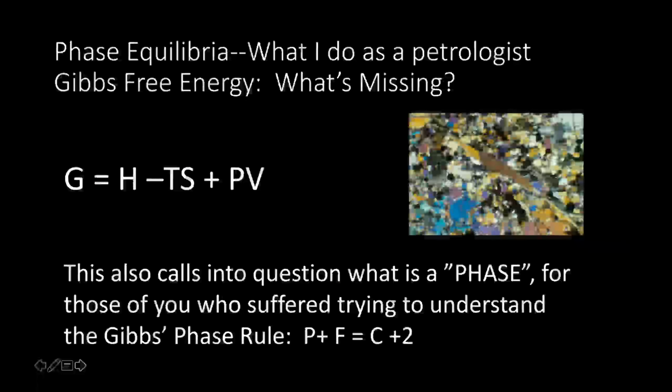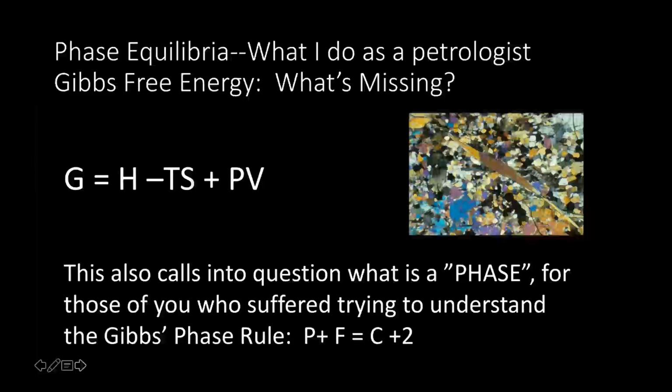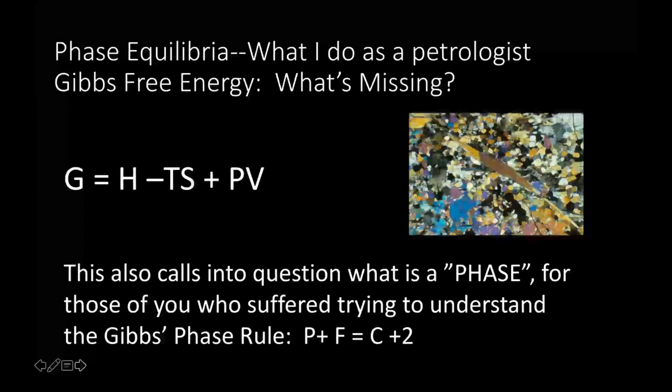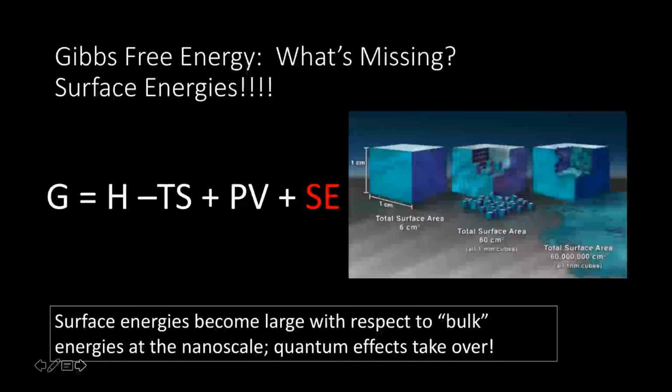I'm a mineralogist and a petrologist, and I'm very secure in my teaching of the Gibbs phase rule. But on the nanoscale, I think we also have to think about, well, what does a phase really mean and what's missing? Well, what's missing is a consideration of surface energies. And when we deal with the macro and micro scale, typically the surface energies are small compared to the overall Gibbs free energy of the system.